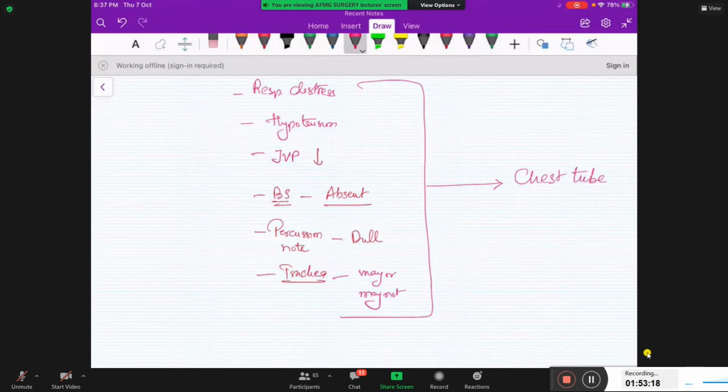And where will you put a chest tube? Triangle of safety, that is fifth intercostal space anterior to mid-axillary line. Understood? All of you? So please be very, very careful in a given question to identify whether the patient has a tension pneumothorax or a massive hemothorax.